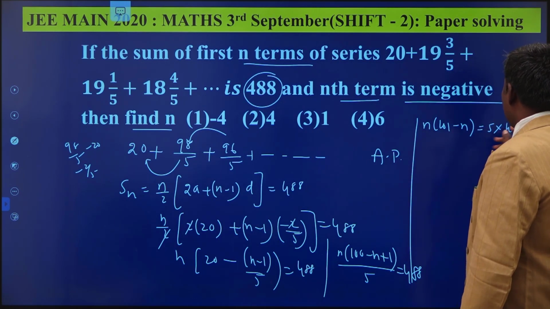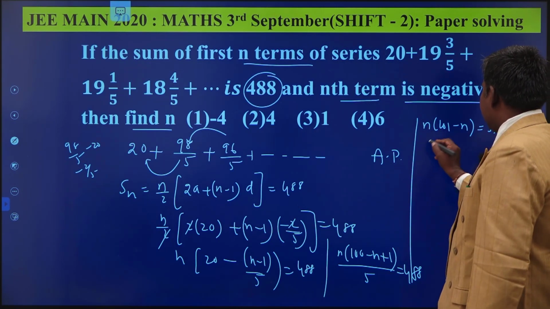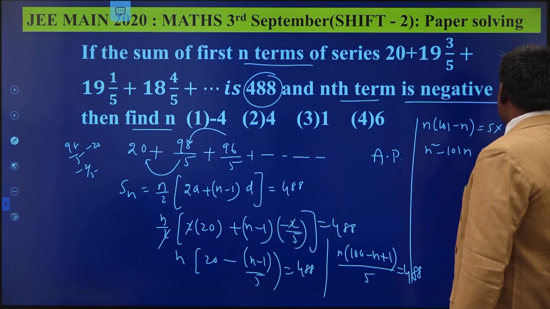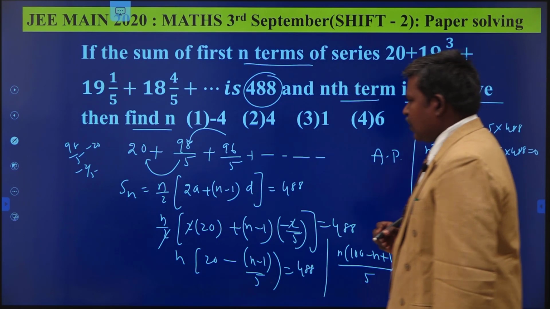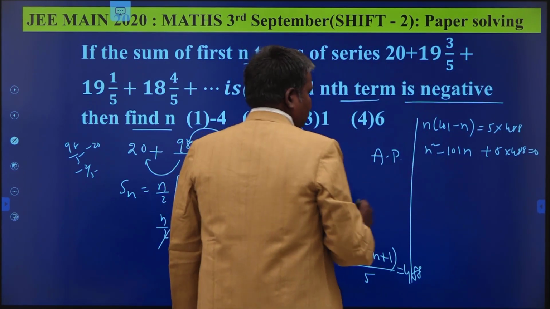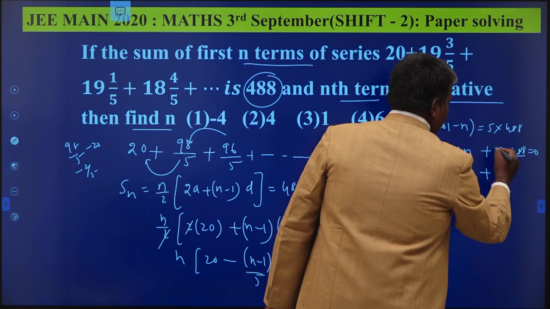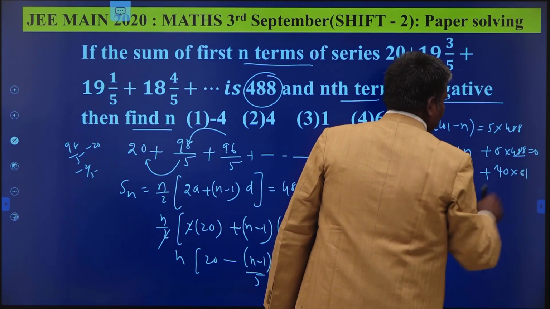Don't multiply, you have to factorize. Take the terms to the left side: n square minus 101n plus 5 into 488 is equal to 0. Now we have to find the factors. Take 8 outside, 5 8s are 40, into 61.